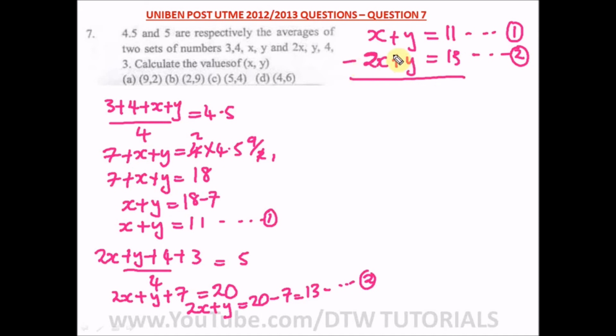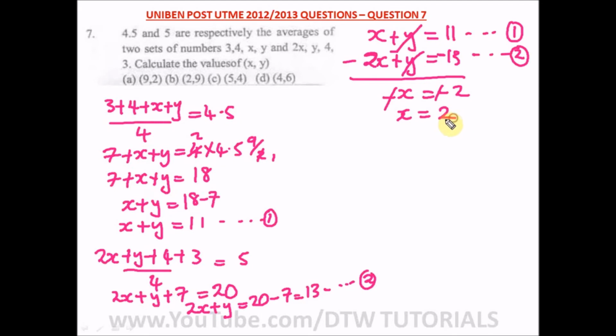So we have minus here, and this will change this positive to minus, so this will cancel out. So we have x minus 2x. Remember, the minus is also going to affect 13 here. What is x minus 2x? That will give us minus x equal to, what is 11 minus 13? 11 minus 13 will give us minus 2. So this minus will cancel this minus.